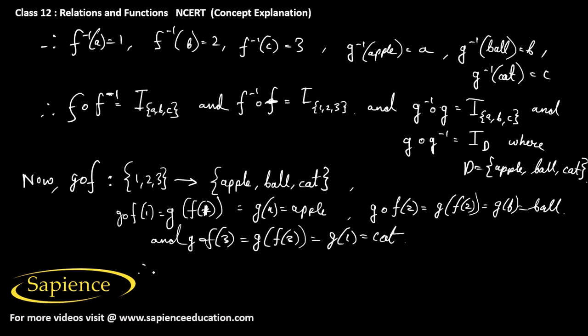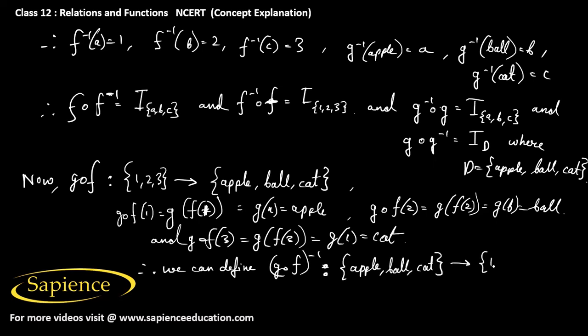So now, therefore, we can also define g of f whole inverse. That will map from the set apple, ball, cat to the set 1, 2, 3.